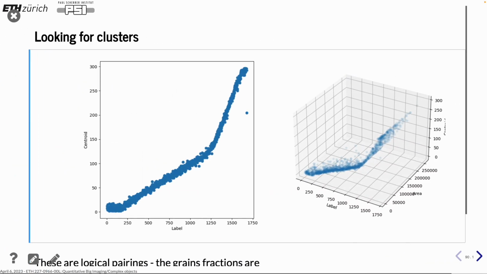So let's look at this. First we have the label and centroid, or we can also look at a 3D scatter plot where we have label, area, and centroid position. And you can see that it spans out a little bit here. And, well, it looks like this is something we could put a nice threshold on.